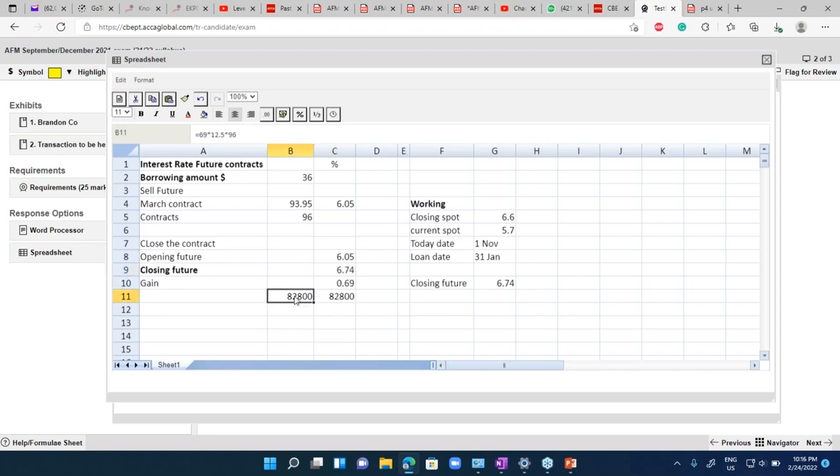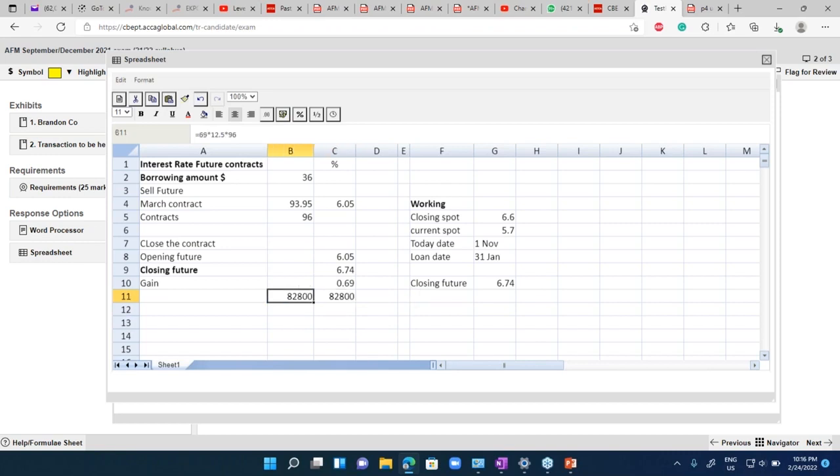So guys, there are two ways to convert the percentage gain into absolute gain. Number one is 0.69% into number of contracts 96 into contract size 500,000 into 3 by 12. You have to multiply with 3 by 12 because the future has a time duration of 3 by 12: 82,800.